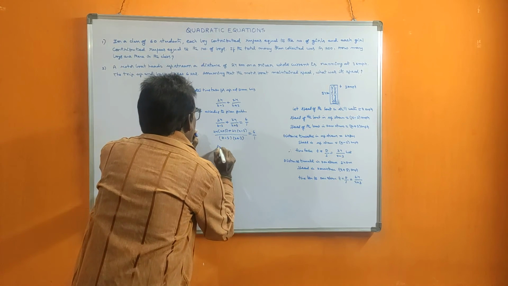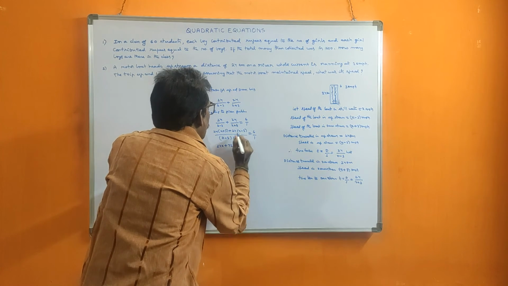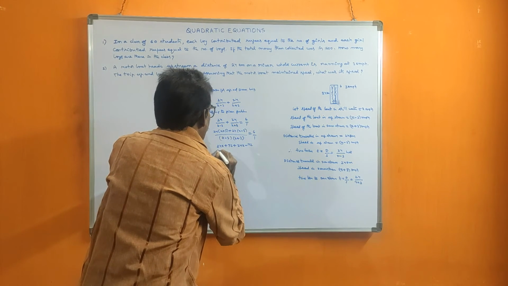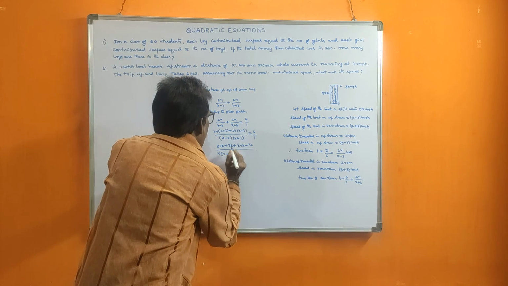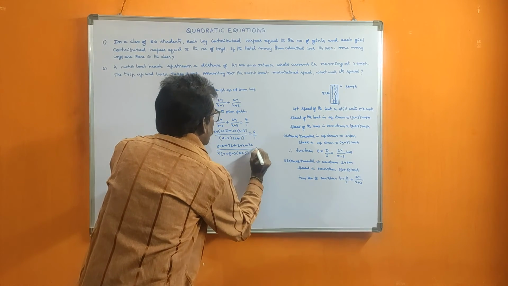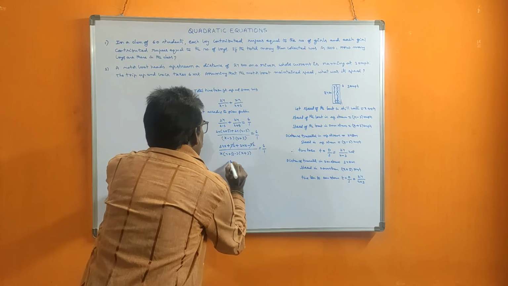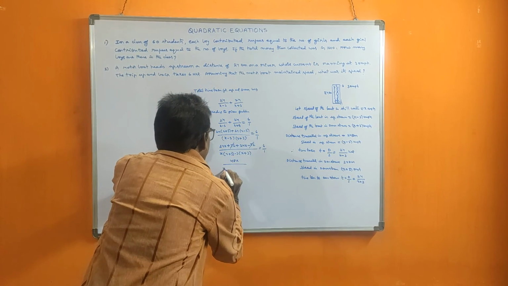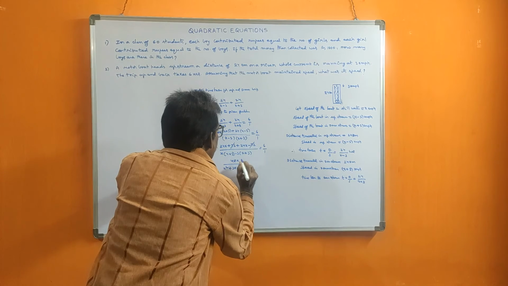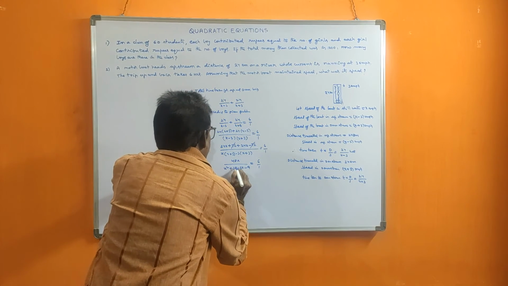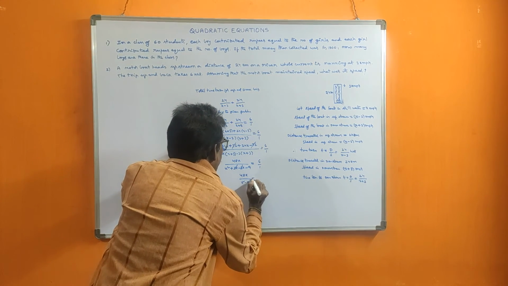Now multiply: 24x plus 72 plus 24x minus 72. Multiply the denominator: x into x plus 3 minus 3 into x plus 3, that is x square plus 3x minus 3x minus 9. The plus and minus 72 cancel, and the 3x terms cancel, so 48x by x square minus 9 is equal to 6 by 1.